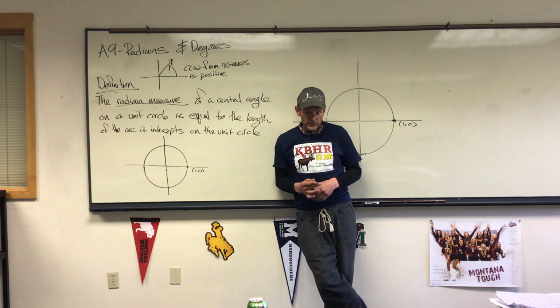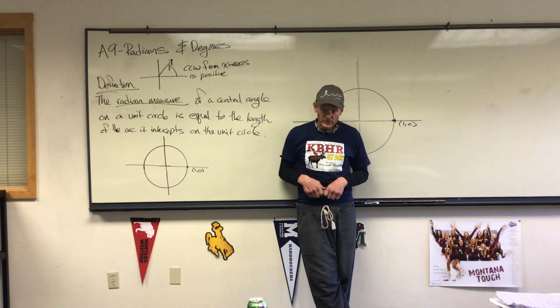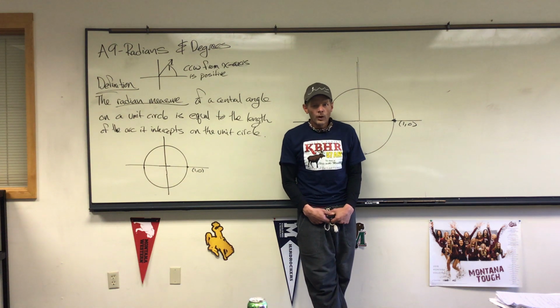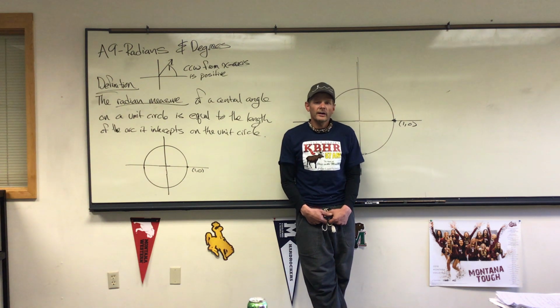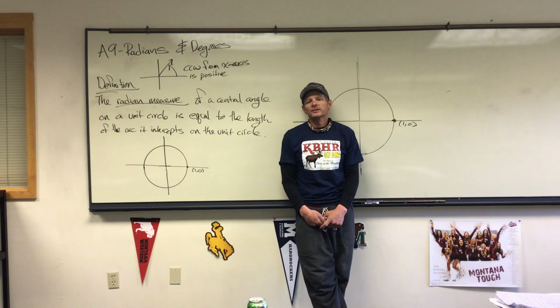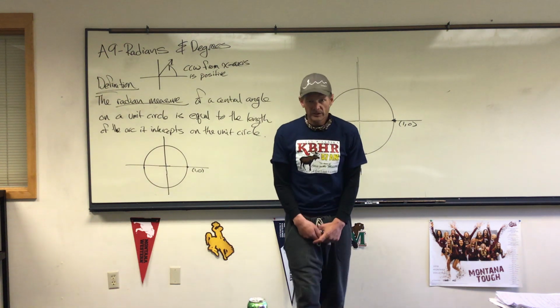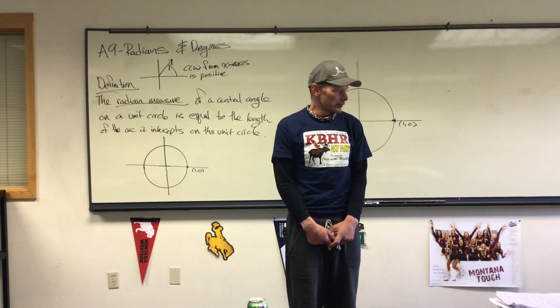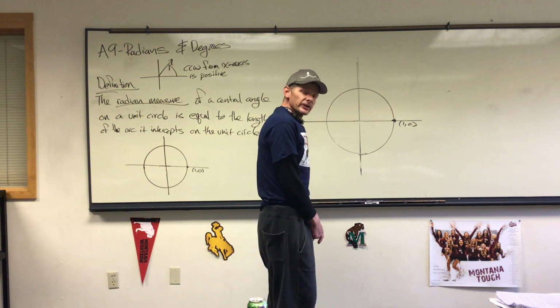So the degrees that we use to measure angles were created by Ptolemy. He wanted to be able to describe to people where he was looking in the sky at constellations. So he would establish a kind of base point. I don't know, maybe north is 0 degrees.